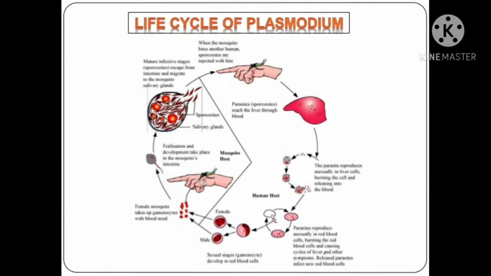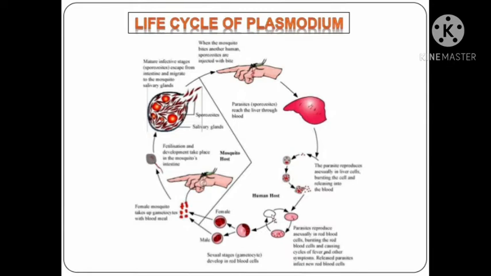So when the female Anopheles mosquito bites a person, the infectious particles called sporozoites, which are present in the salivary gland of the mosquito, are transmitted into the blood of the person through the mosquito bite. From here, the sporozoites reach the liver.